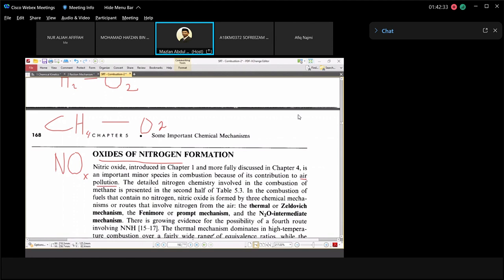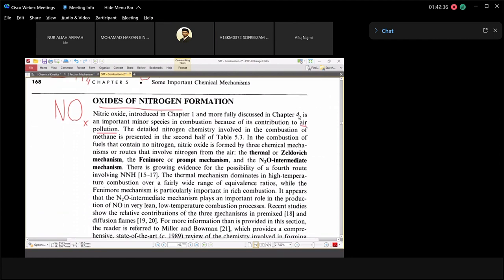There is growing evidence for the possibility of another route, but the main three are these. They are named after the people who pioneered the mechanisms. There's one more, fuel NOx, but they eliminate this, since the fuel contains no nitrogen, so there's no fuel NOx here.